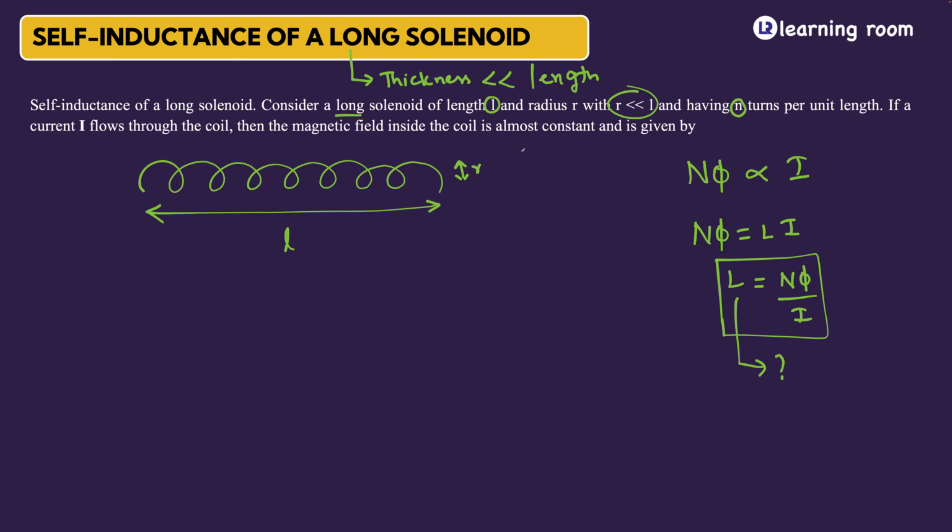Remember, the number of turns is always represented by the symbol capital N, and the number of turns per unit length is represented by the symbol small n. Okay, that is how the notation is.